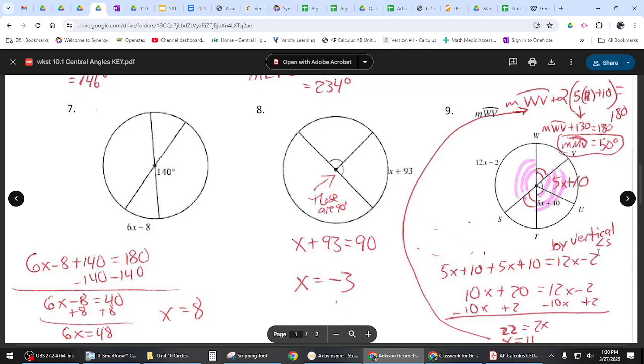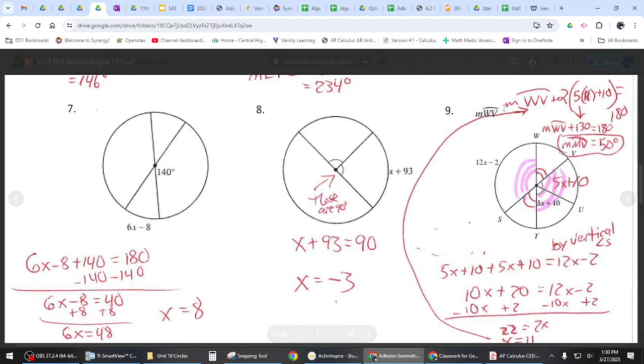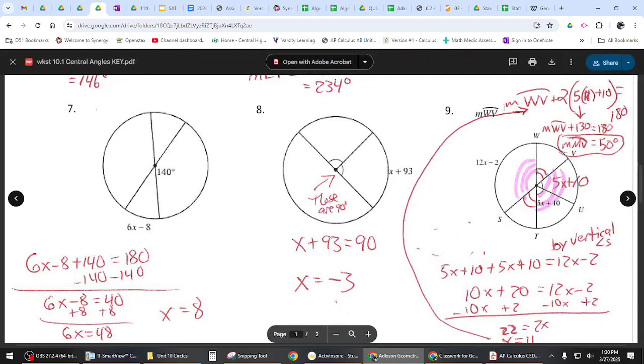And that's how you get 11 for x, and then this time it actually specified to solve for an arc. Notice the previous two didn't say, it just wanted you to solve for x. So you have to take that 11 and plug it back in to solve for the arc.